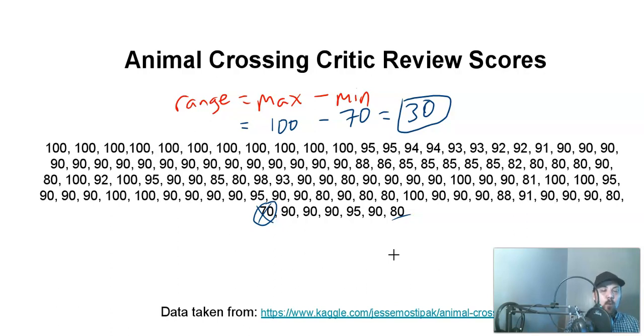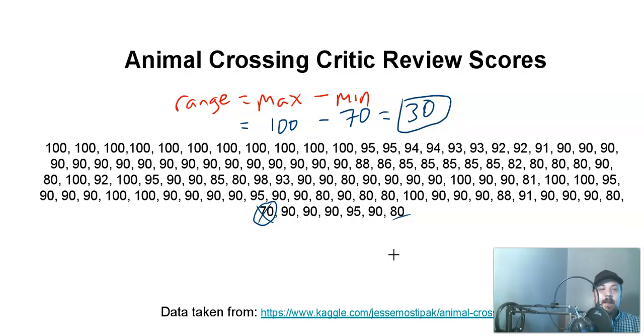So all it takes is one negative person to give it a bad rating to stretch that range out, when really the variability isn't quite that extreme. That was just one person really far away from the rest. Most of these reviews are between 80 and 100, which isn't a very big spread. But because there was a 70, the range makes that spread look bigger than it maybe really is.